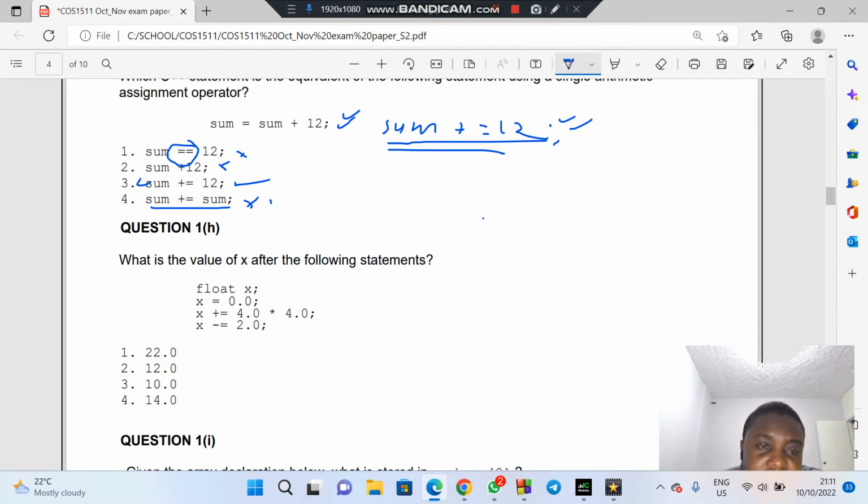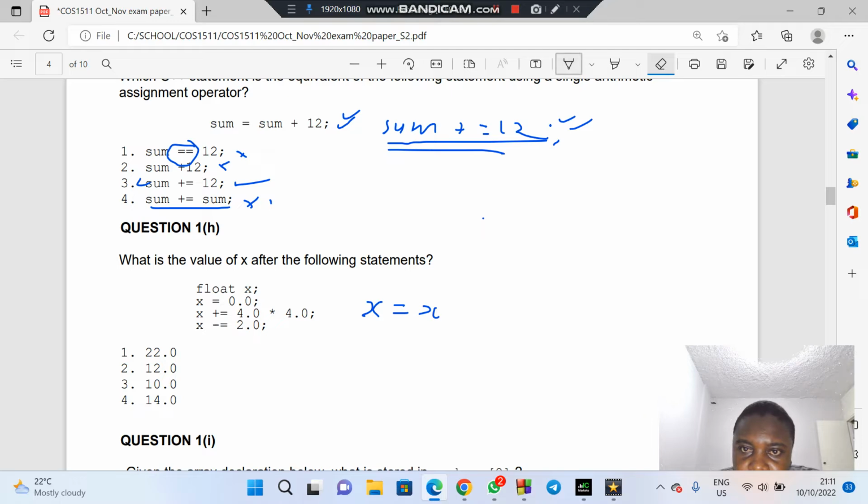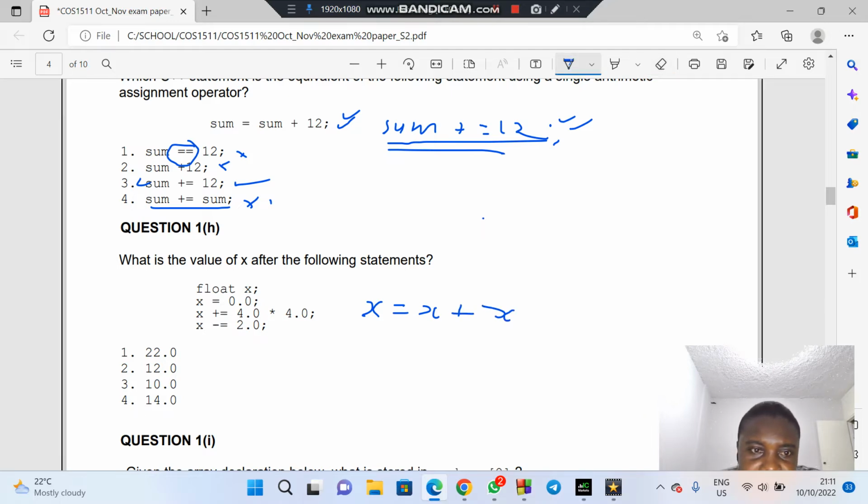You have float x, your x equals 0.0, then x plus equals, remember, is the same as you can write it as x equals x plus, that's the plus there, plus x. Then after that, this plus x, we don't write x, is going to be 4.0.